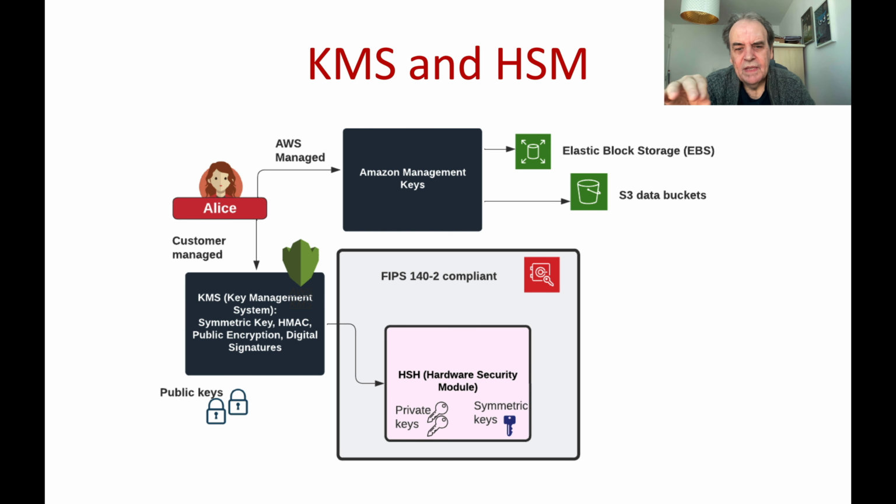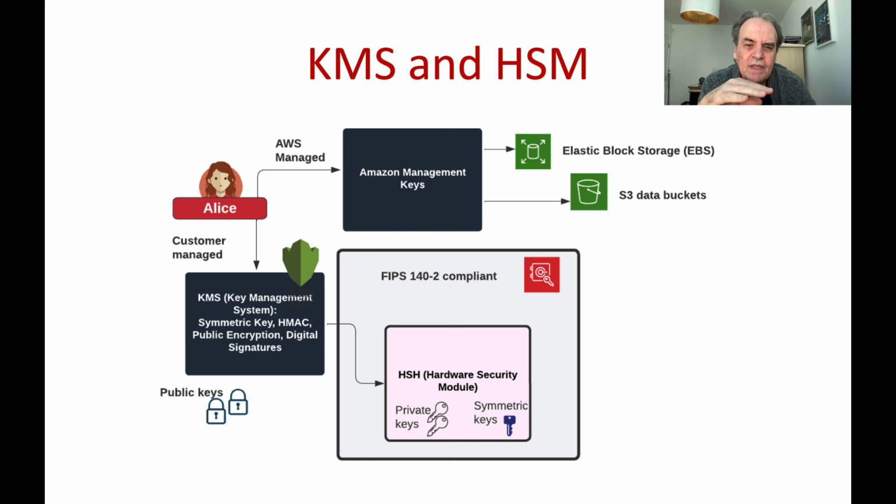But the KMS links to a hardware security module, or HSM. This is the place that we store our secret keys, our private keys and public keys, and also our symmetric keys. So this is stored in a place which is called FIPS 142 compliant.